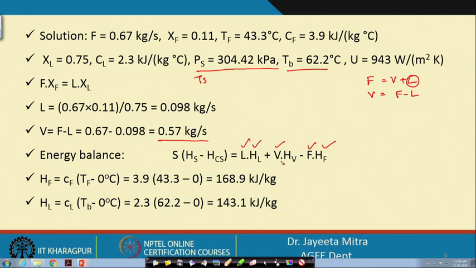We also know HV from the steam table, and we can also get the steam enthalpies from the steam table. Putting all the values here, because this is coming from the latent heat of condensation, and this is coming because vapor is generated at a temperature of Tb. So, what is the enthalpy at that temperature we can get from the steam table.